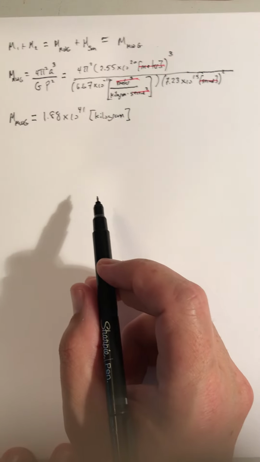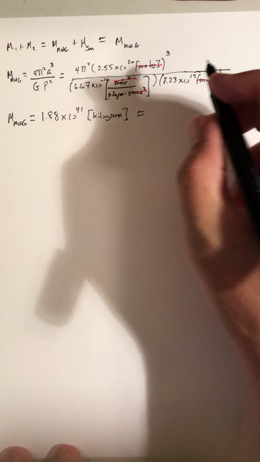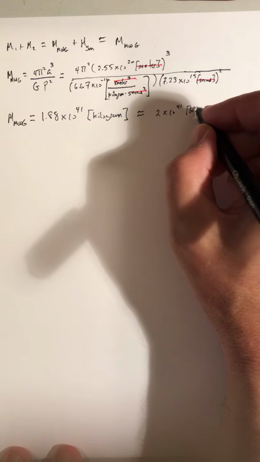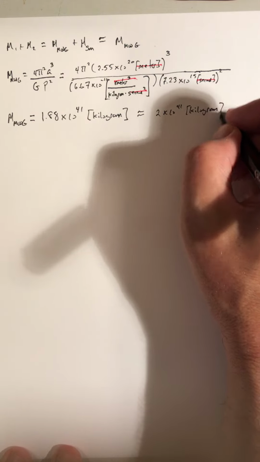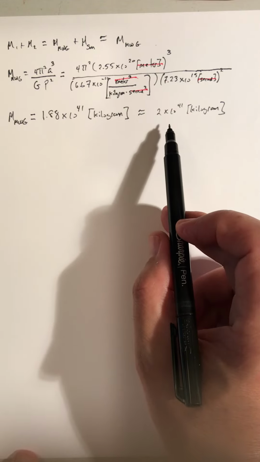And I'm going to say that that is approximately 2 times 10 to the 41 kilogram. Right. So that's a really big number. That might not mean much of anything.